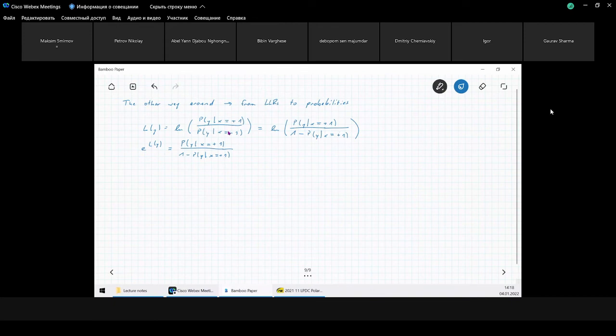Well, how can we solve this? Multiplying this guy to the other side, combining the expressions where we have the probability here. Let me see.